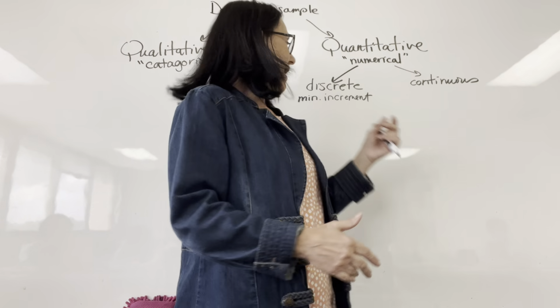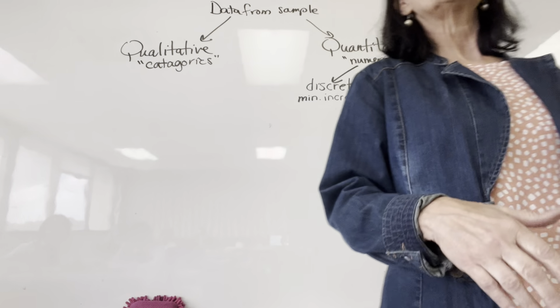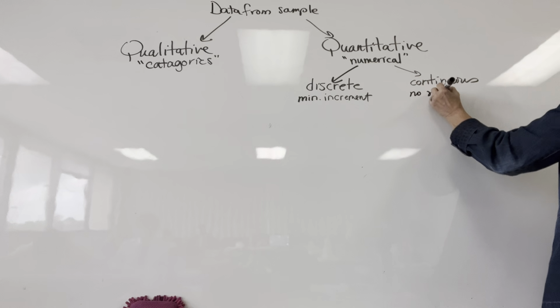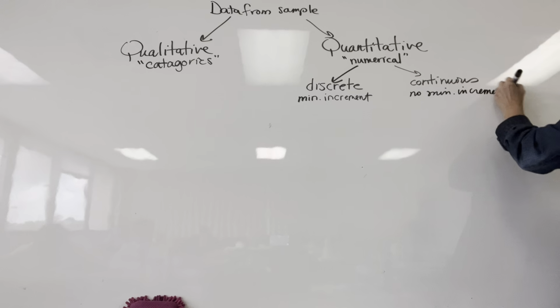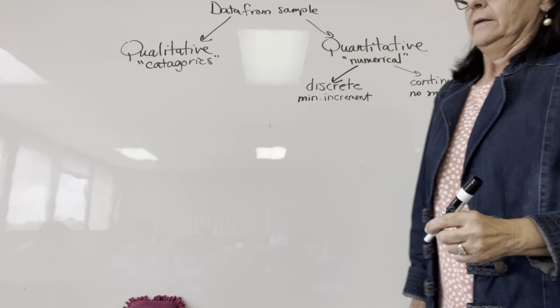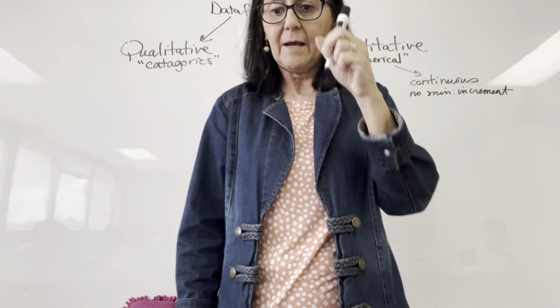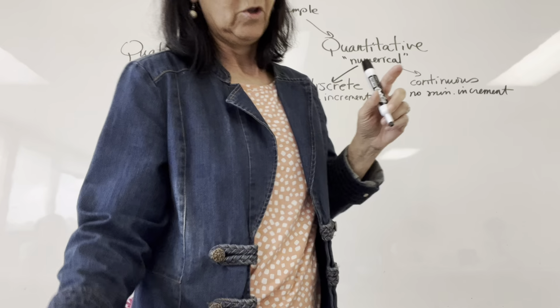Okay, so I would say that is really discrete. Continuous is when there's no minimum increment. One is not coming to my brain right off the top of the bat, but it will in just a minute. We'll look at some.